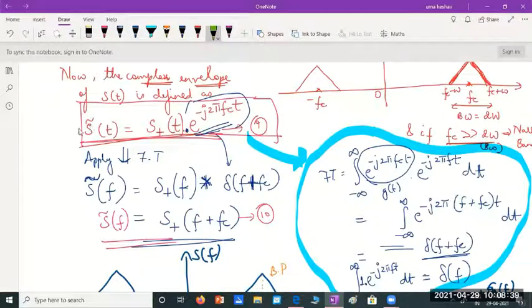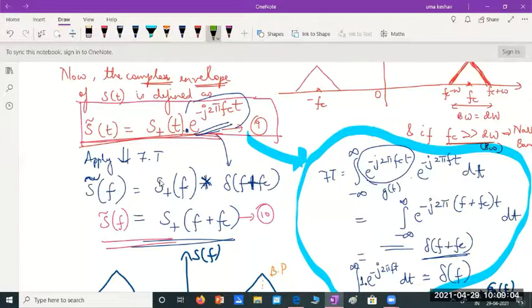It is represented as S tilde of t. It's a tilde function, which looks like an envelope. S tilde of t is related to the pre-envelope S plus of t into e power minus j2 pi fct. So this is how we could relate the complex envelope and the pre-envelope.